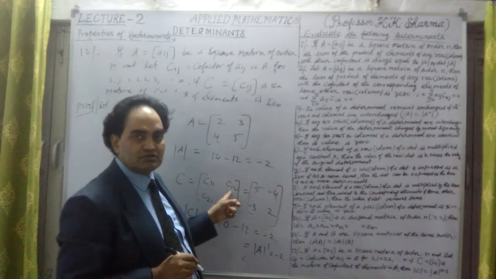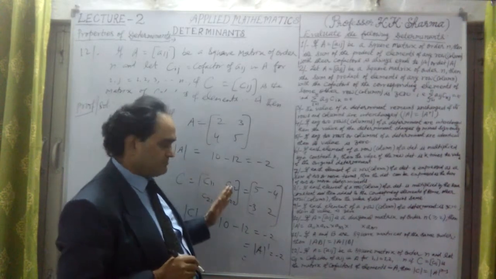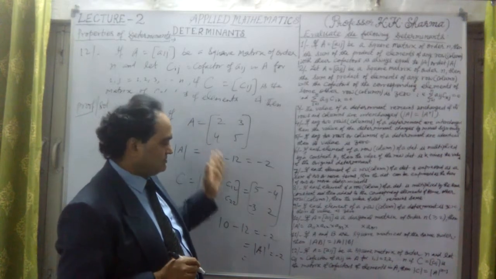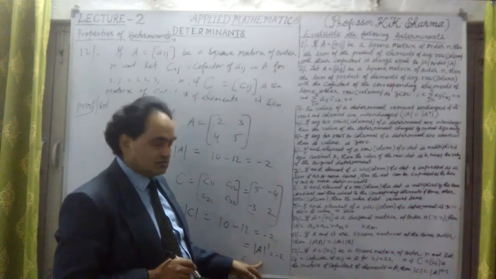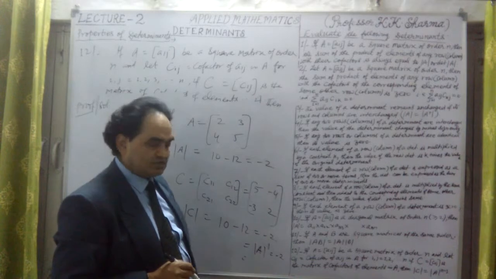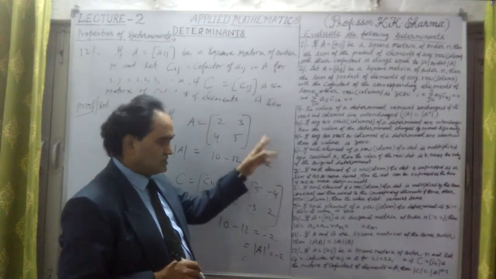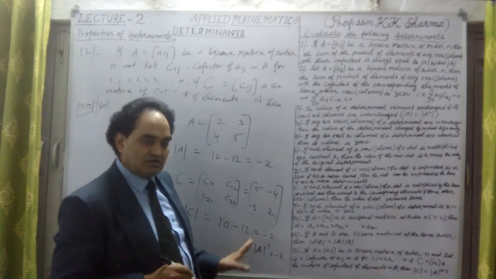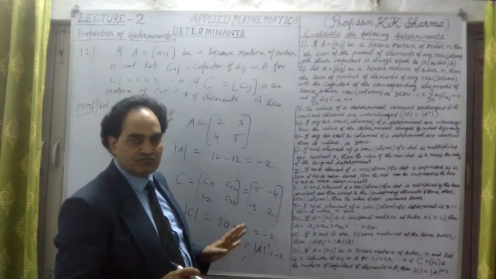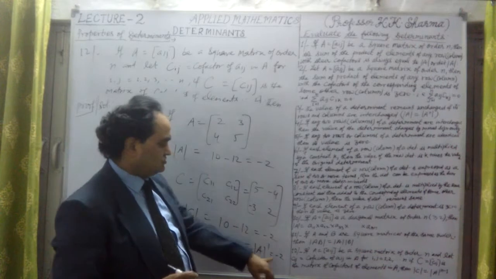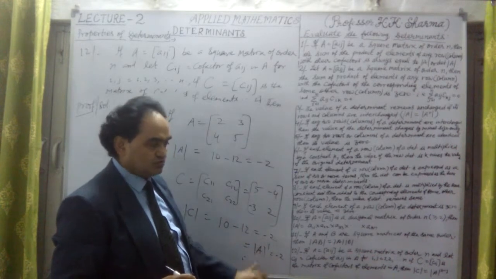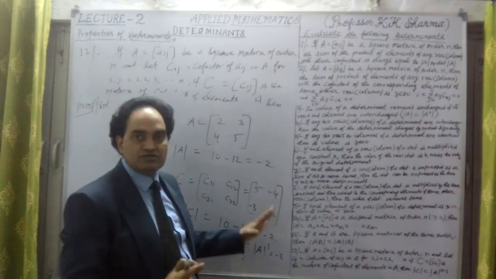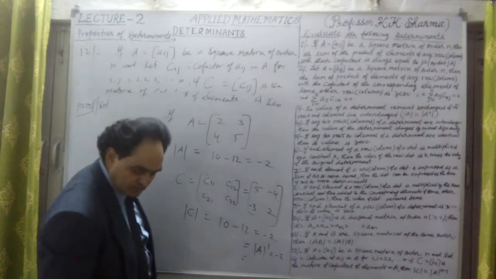After that we find the determinant of C, and what is the determinant of A, then we compare. This is A here, to the power 1, that means minus 2 only. Determinant C and determinant A in this case are coming the same value, minus 2. Hence proved. This is the numerical value we have taken.